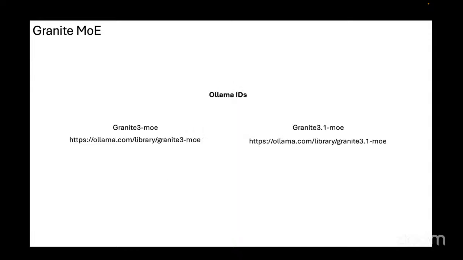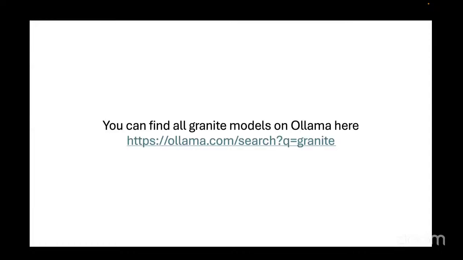These are the models I was talking about, the Granite 3 MOE and Granite 3.1 MOE. 3.1 is more of an advanced version, so you can prefer 3.1 MOE and play with it. It's a very simple search query. If you look at this page, you can find all the Granite-based models and different model sizes.